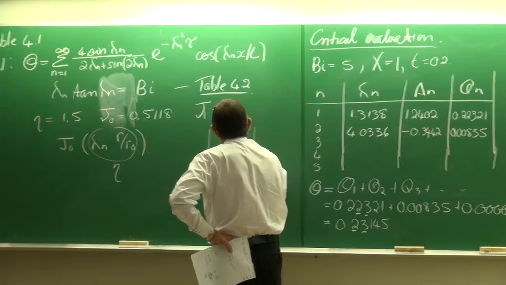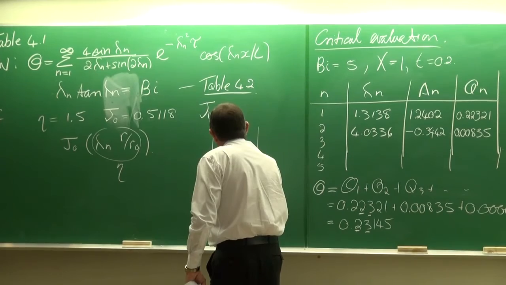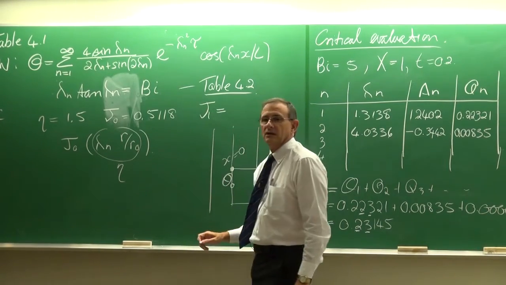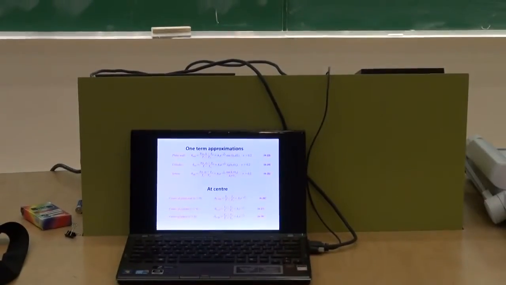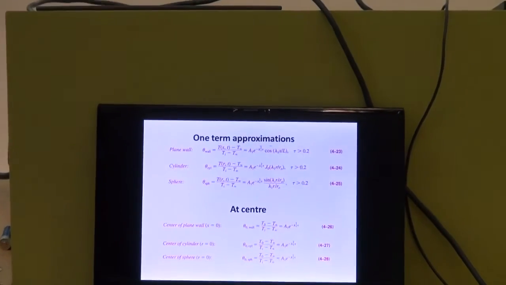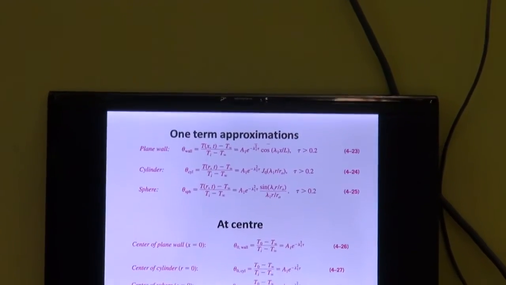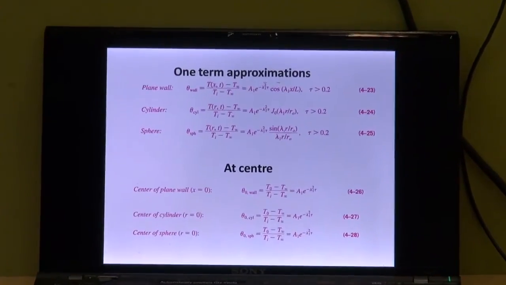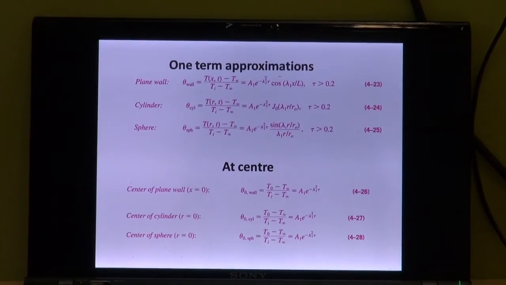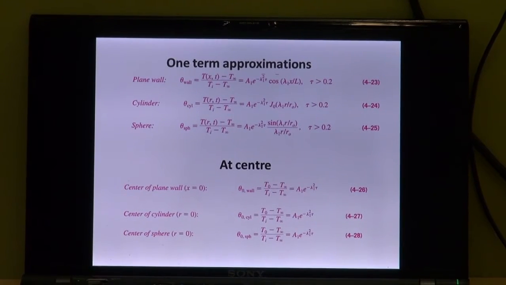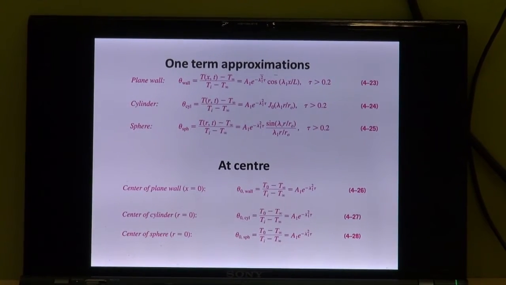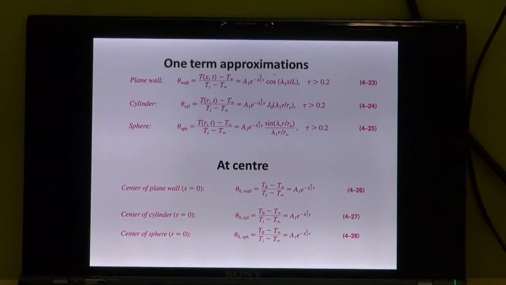So that temperature there we call theta 0 at the center. Now, if you can look at the equations again for us. For those special cases, at the center we have equations 4.26, 27 and 28. I don't think those are the numbers in your textbook. I'm not sure if it's exactly the same. It might be the numbers of the previous textbook, but those are the three equations there. So now they are much simpler. Do you see? Okay. Right.